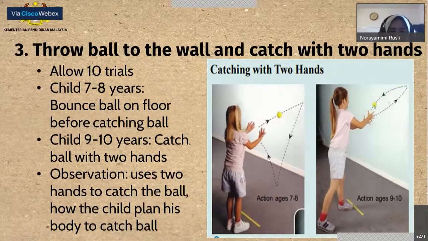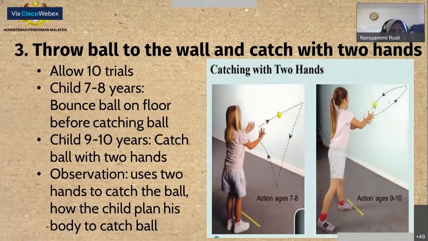It's okay for them because it's appropriate for their age. For a child who is 9 to 10 years old, you need to make sure that the child is able to throw the ball to the wall and catch with 2 hands without bouncing it.